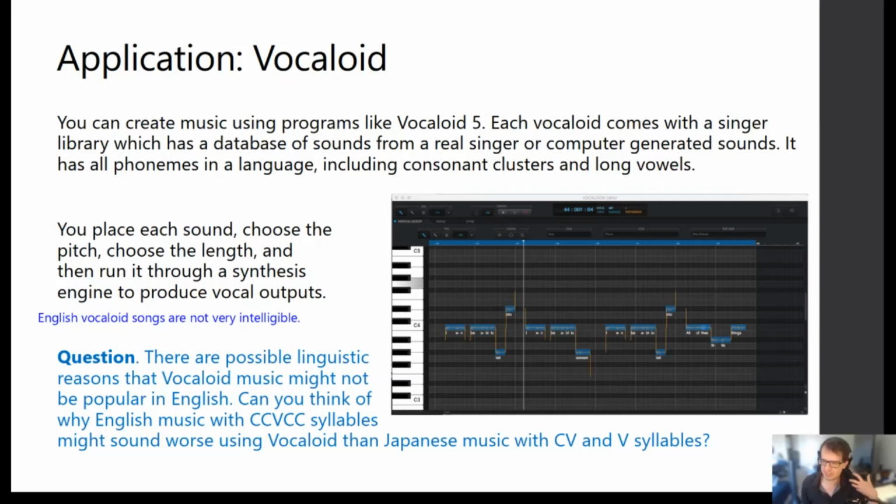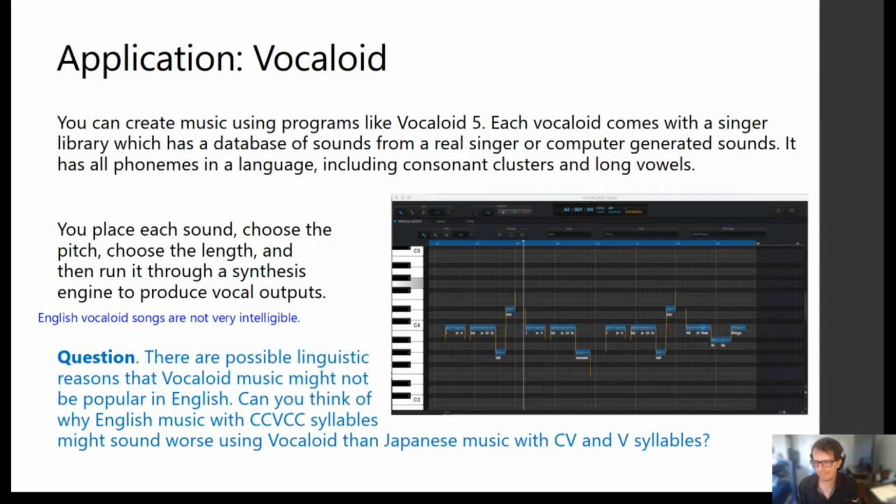So when we speak as English speakers and we put a bunch of consonants and vowels together, or syllables together, and we speak quickly, we do a lot of changes with our sounds for efficiency and so on.